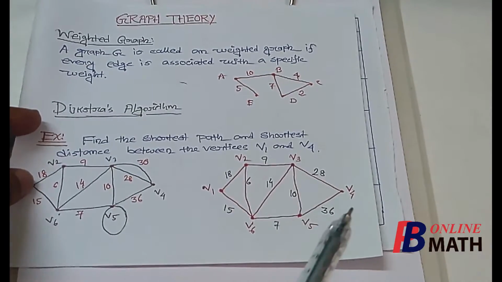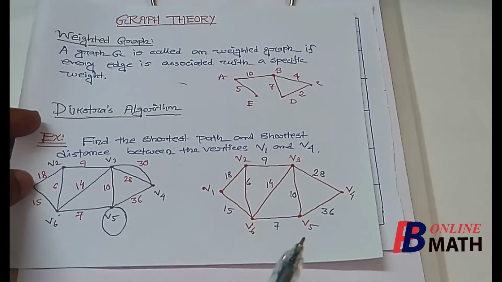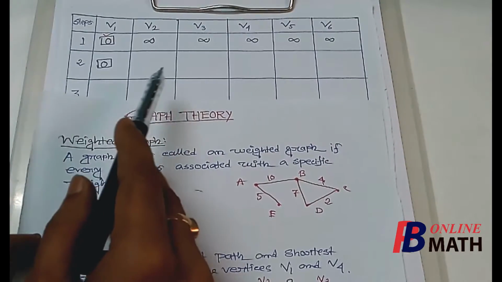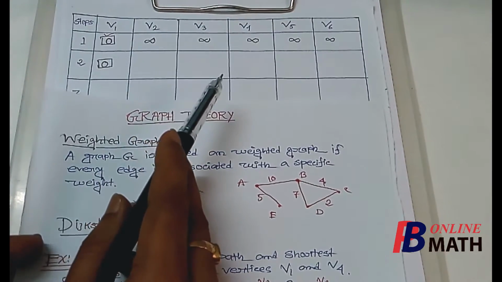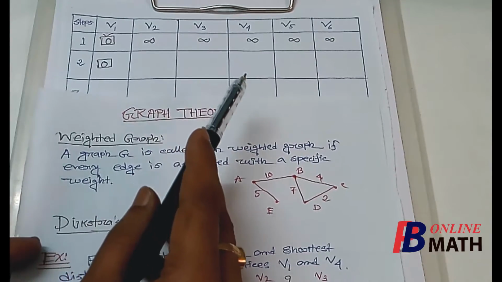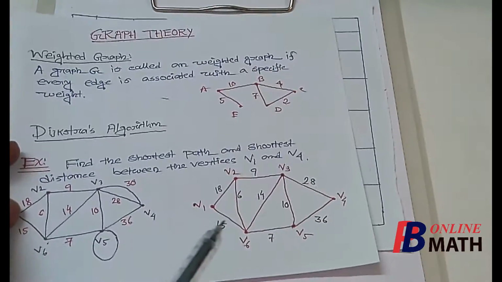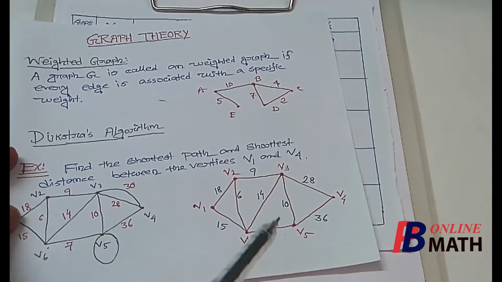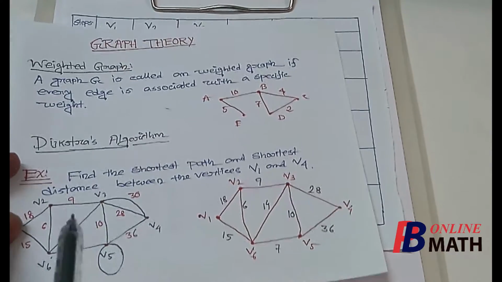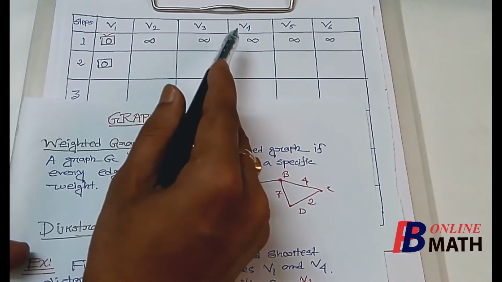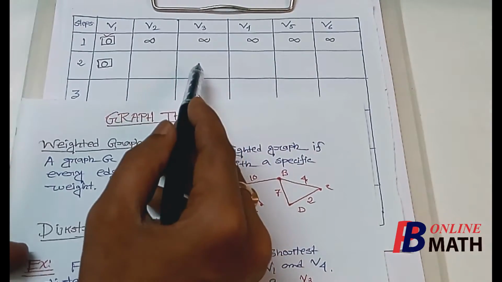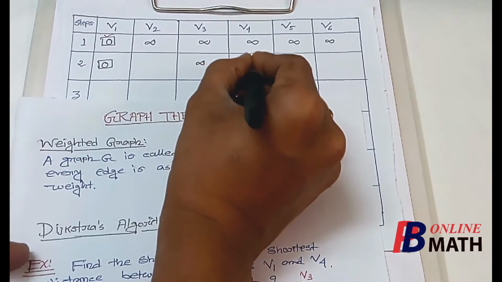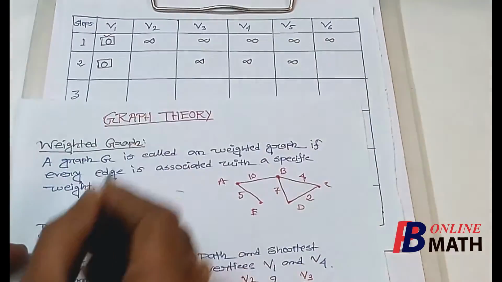So v3, v4 and v5, these three vertices are not directly connected to v1. Therefore in step 2 we shall not change the temporary levels for these three vertices. So for v3, v4 and v5 we shall keep the temporary level unchanged. So here we put infinity, here infinity, again here infinity.